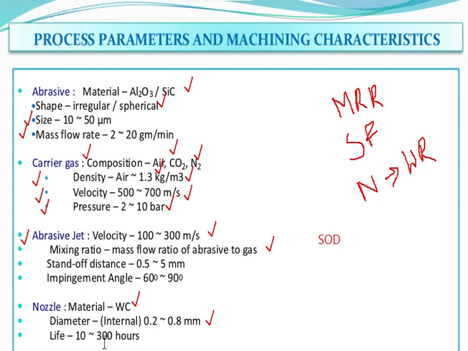Tool life you can see is 10 to 300 hour, for sapphire. But for tungsten carbide, the life varies between 20 to 30 hours. Is it clear? Okay, now we will move to the next slide.